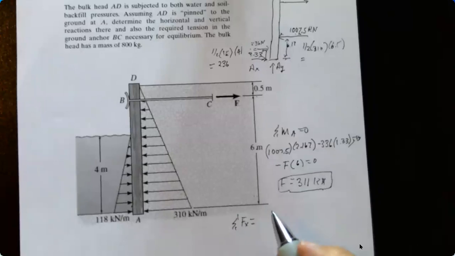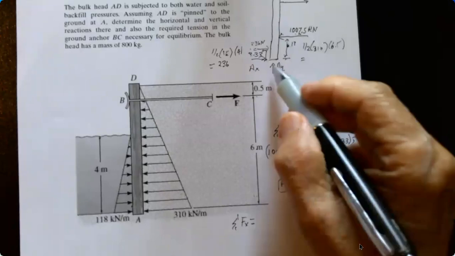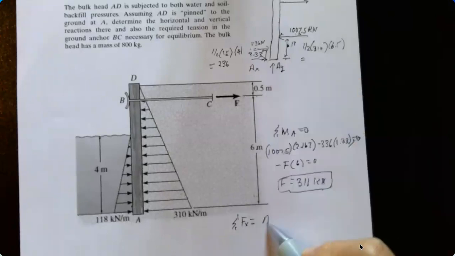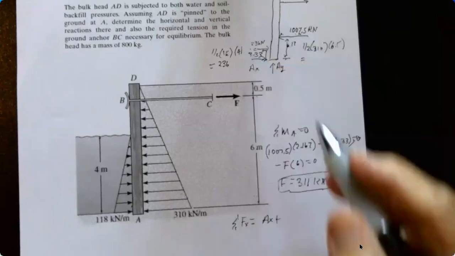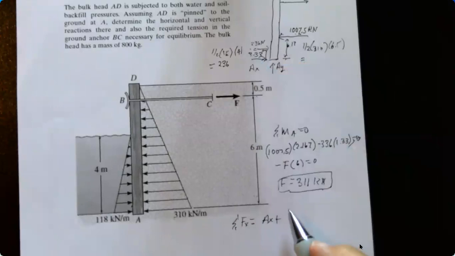We've got the A sub X positive. We have the water pressure, which is the 300, 236 there. So we have the water pressure, 236.